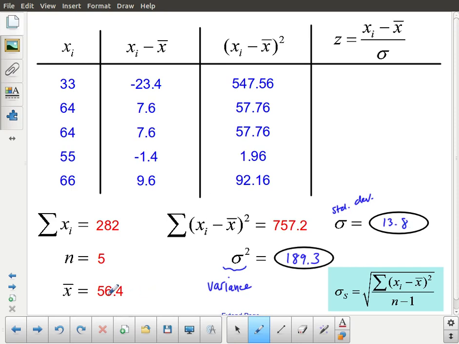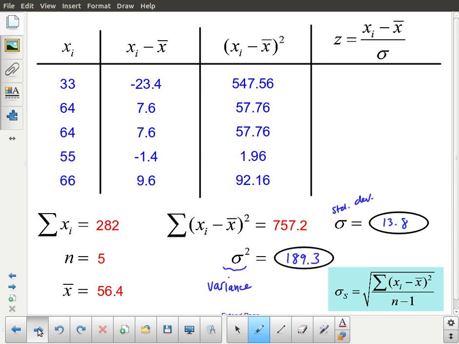So if you started at 56.4 and you took a step upward of 13.8, you would expect to find a grouping of data in that first interval, and then you could continue to step upward and upward and upward. This z-score is basically just going to give you a numeric representation for any data point. It's going to tell you how far away it is from the mean.